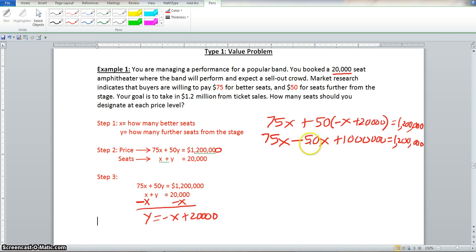Okay, now 75 minus 50 will give us 25x plus 1 million. We can put those commas in there. Is equal to 1,200,000. Now we will subtract 1 million on both sides.